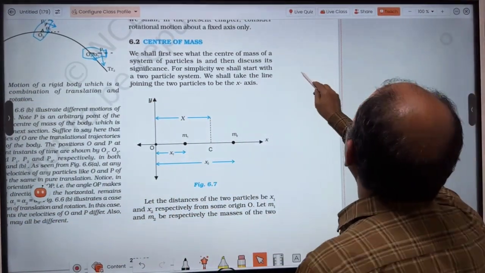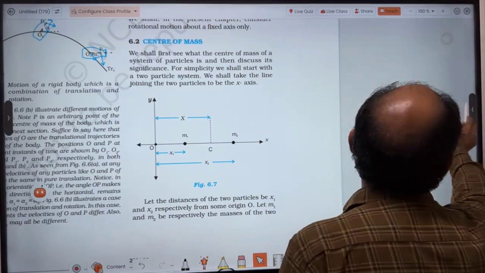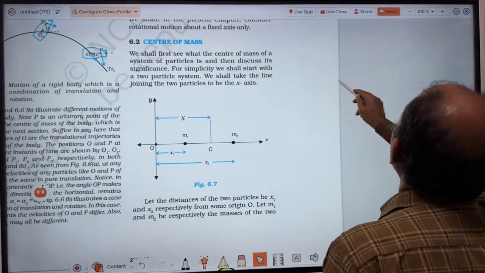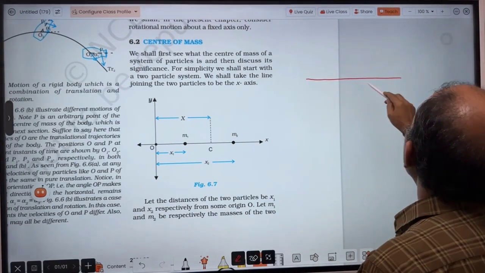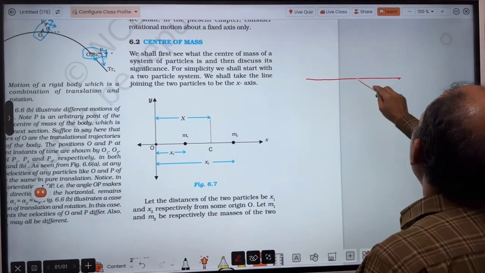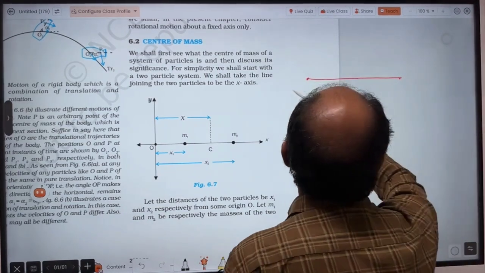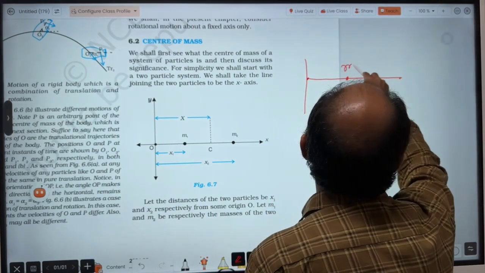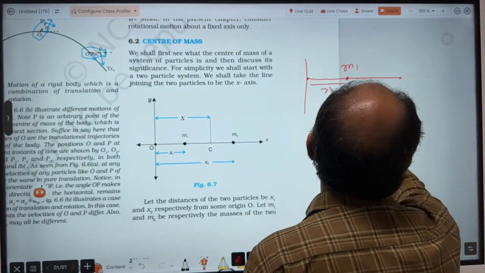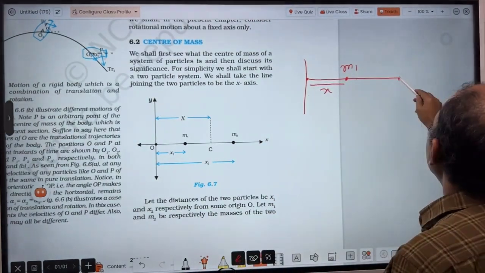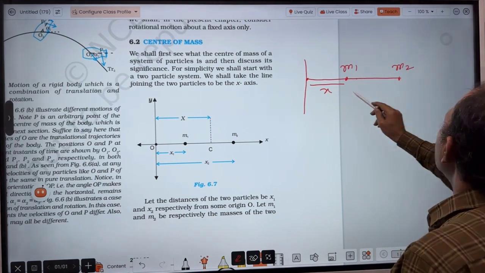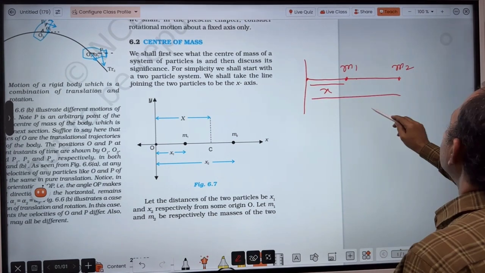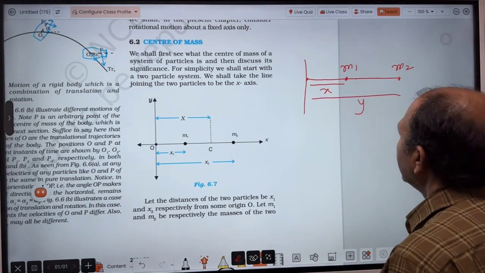Here suppose there is a body and mass distribution is given. With respect to the origin, suppose there is one mass m1 and its distance is x. There is another mass m2, its distance is y.